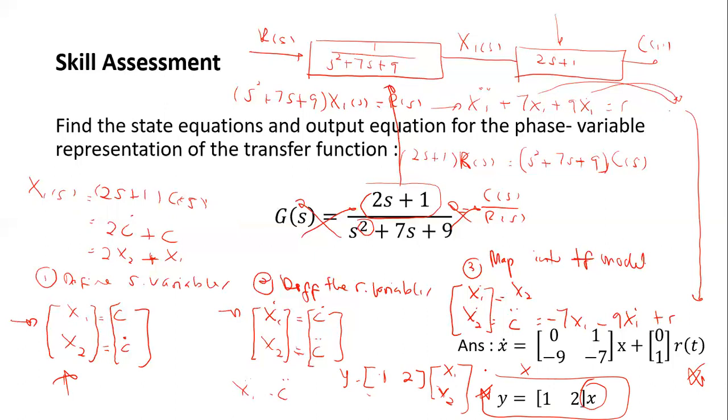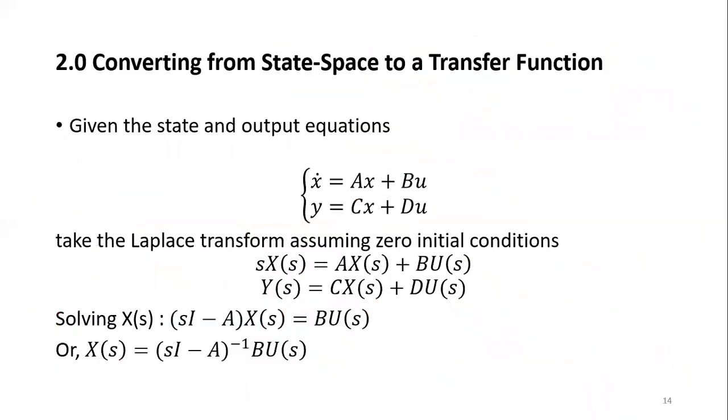Next, we are ready to learn how to transform the state space to a transfer function. Given the state and output equations in the general form, x dot equals Ax plus Bu, and y equals Cx plus Du.